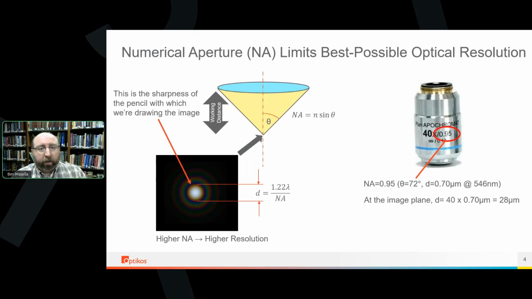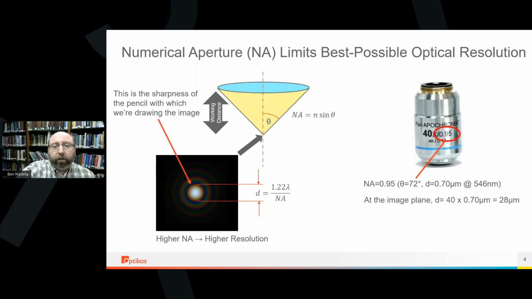But aberrations on top of that will limit its actual resolution. But that's at the sample plane of an objective, and the spot will actually be magnified onto the image plane where it's detected. So an objective like this, 40x, matched with its appropriate tube lens, will give you a 40x magnification, and so that'll be a 28 micron spot on your actual sensor.